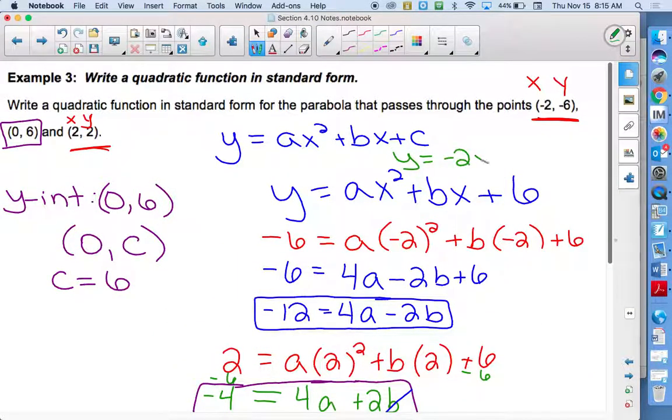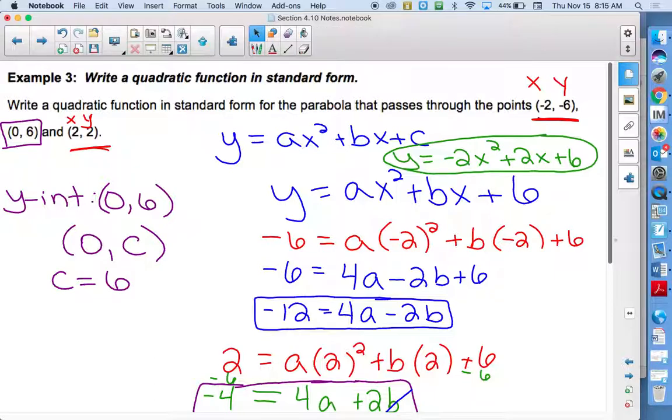So negative 2x squared plus 2x and then plus 6. So a lot more work involved because there were 3 variables that we had to find, and we didn't really know a vertex to help us find those like we did with the other ones.